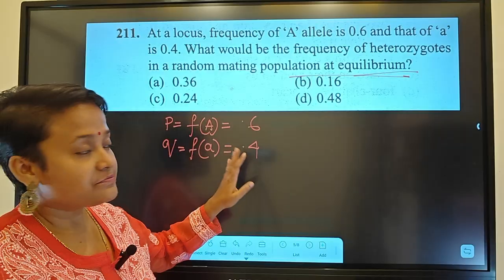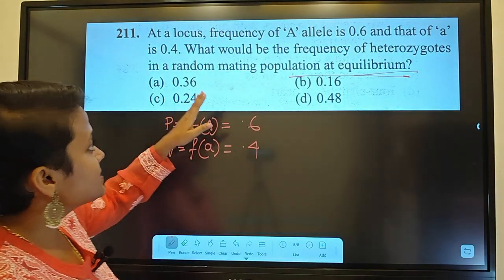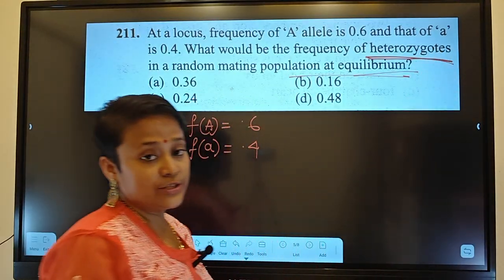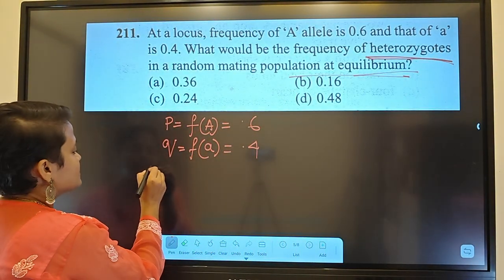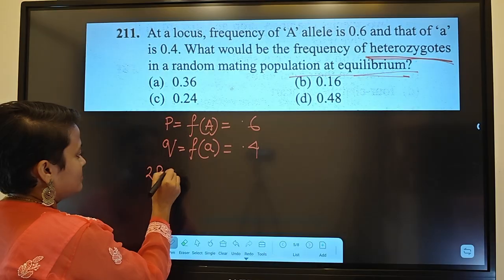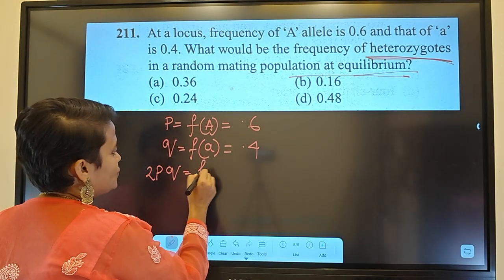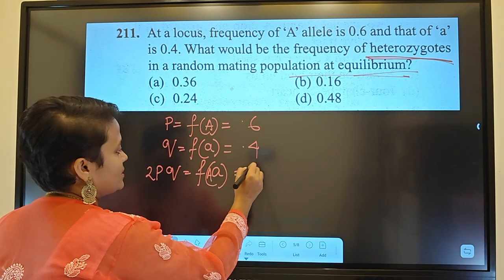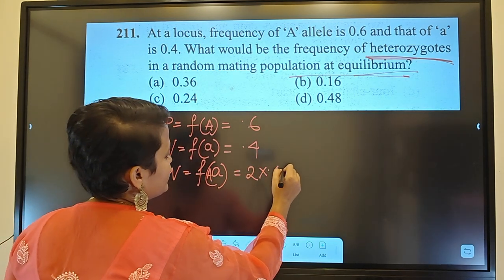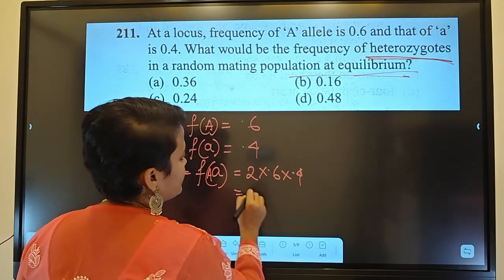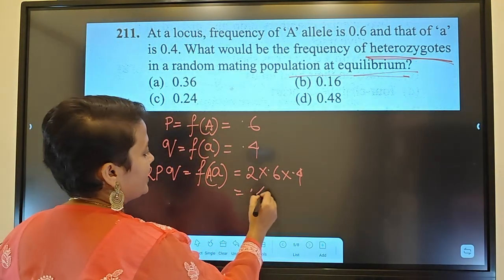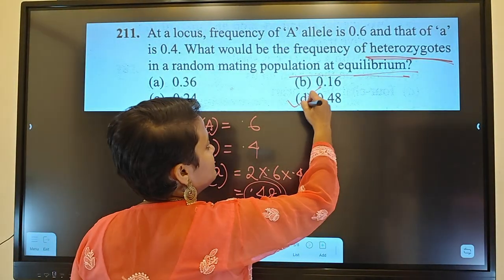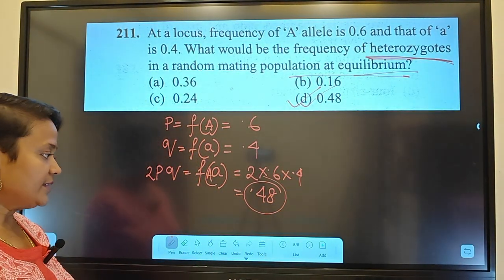Now they are asking about the frequency of heterozygotes, means they are asking about 2pq. We know that 2pq is the frequency of heterozygous individuals. So 2 into 0.6 into 0.4. What will be the answer? 0.48. So the answer will be option D. Right? So very easy.